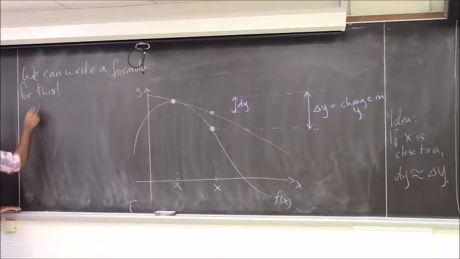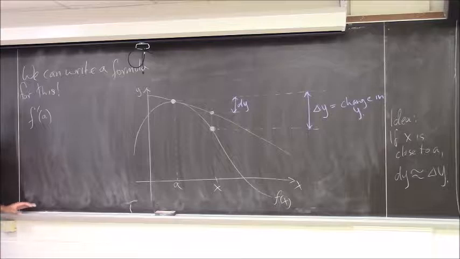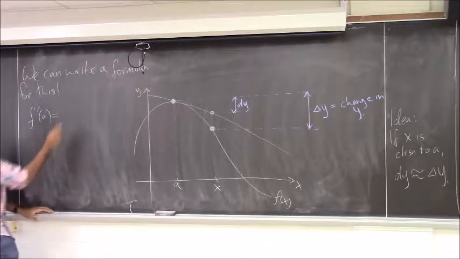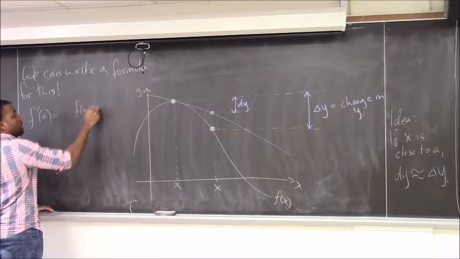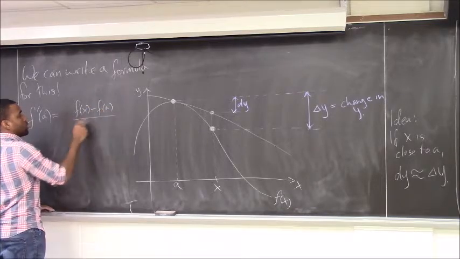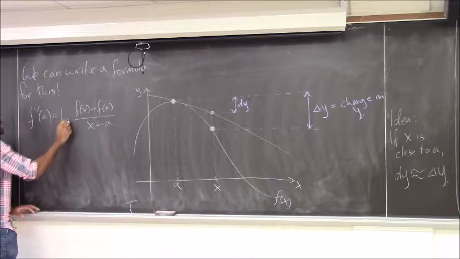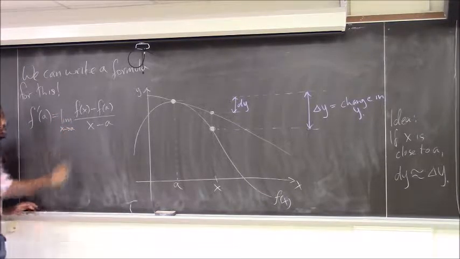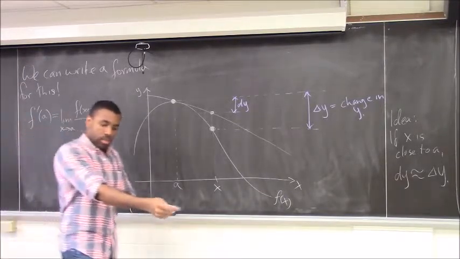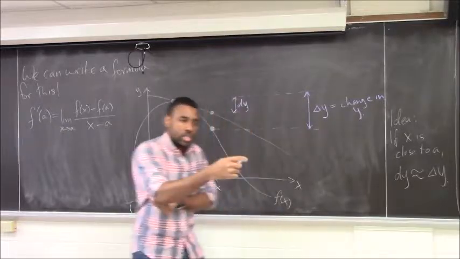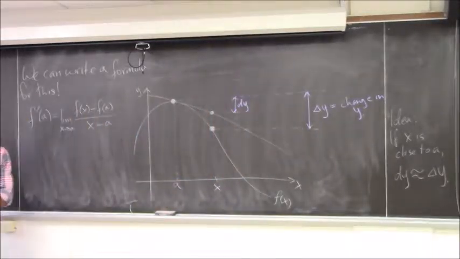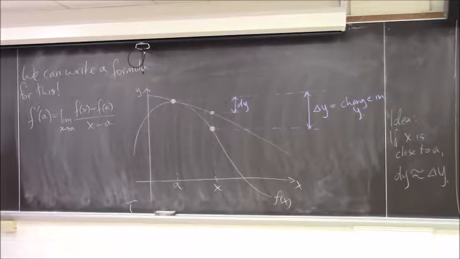We know that if I wanted to find the derivative evaluated at a, what that is was the slope as the distance between the 2 points went to 0. So that was basically y2 minus y1 over x2 minus x1. And we take the limit as the denominator goes to 0. That was one of the definitions of a derivative. It's not the h approaches 0 definition, but it's equivalent. It uses the other version of the difference quotient.